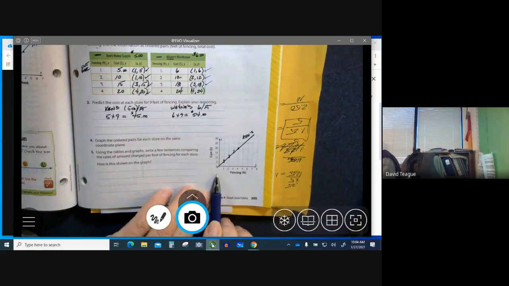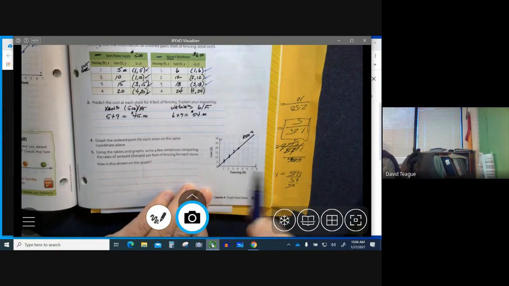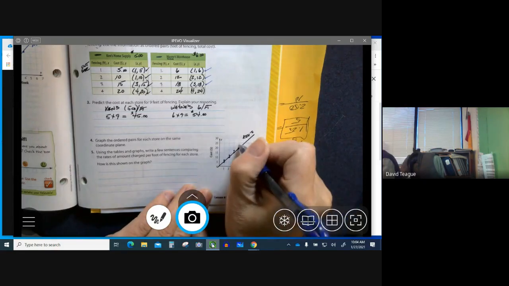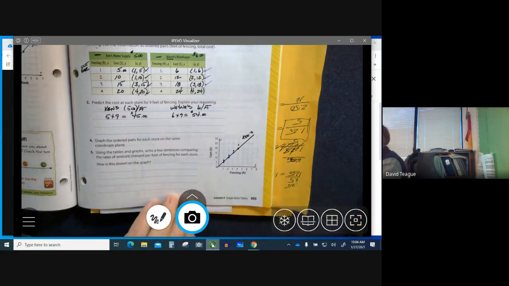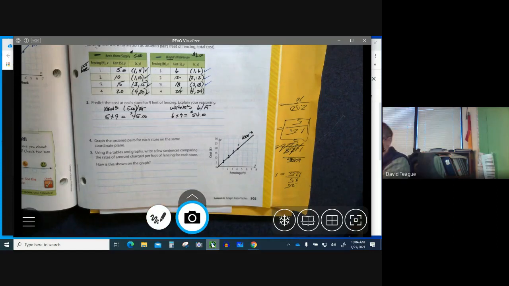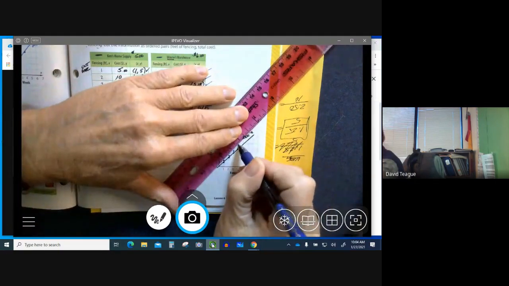And then we have 4, 24. So starting at the origin, going to the right to 4, and going to 24, which is going to be a little bit less than 25. So that's going to be right about there. Okay. So now if we put a line on it, here's this one.